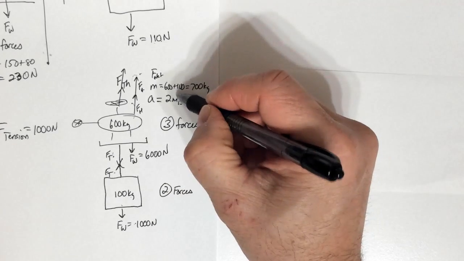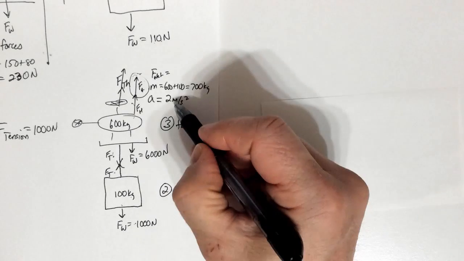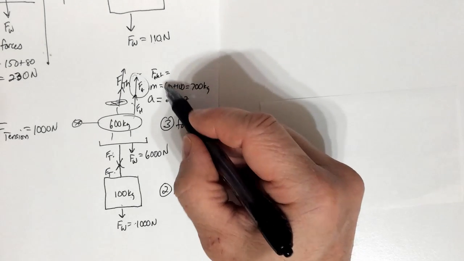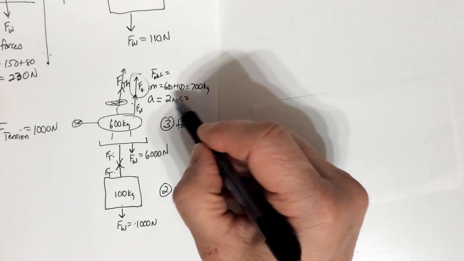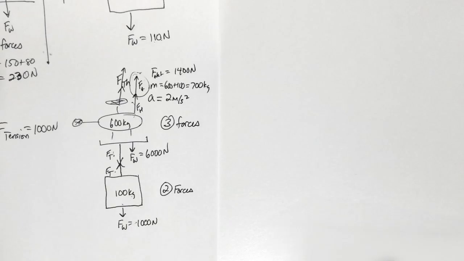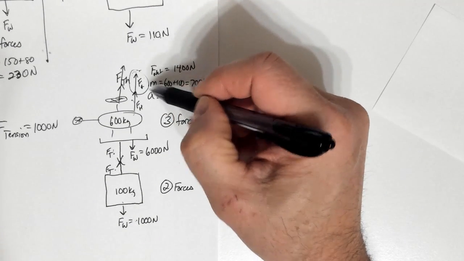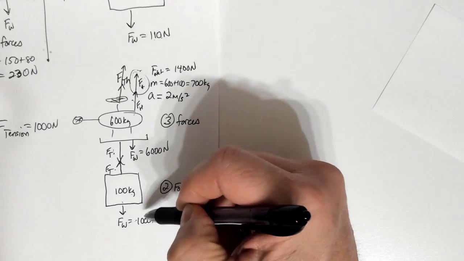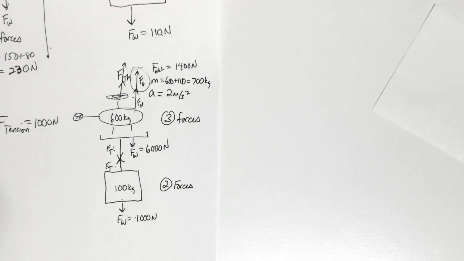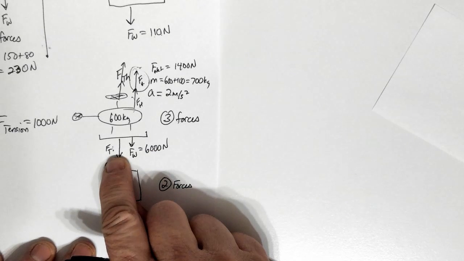But how much force do I need just to get acceleration? Well, I multiply these two numbers, F equals ma. So 700 times 2 is 1,400 newtons. So I need 1,400 newtons to get my acceleration, but I also need to hold on to all these things. So I need to cover my weight and the tension.